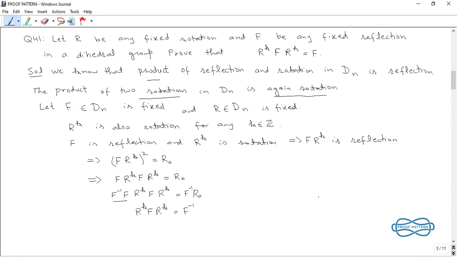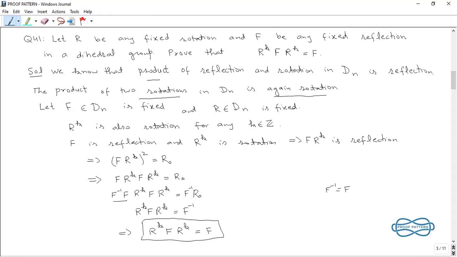But we know that for every reflection, f inverse is f itself. So this implies that r^k f r^k is equal to f, and that is what we want to prove.